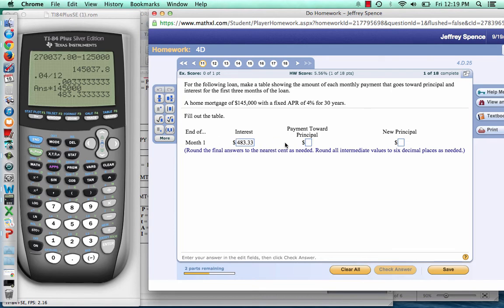The payment towards principal, well, we have to figure out the payment in the first place. So we have these numbers, and I'm going to use our loan payment formula.